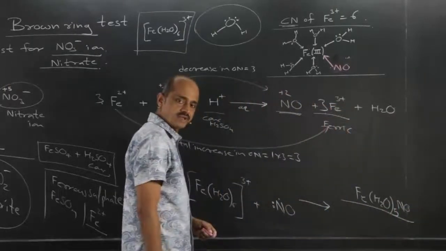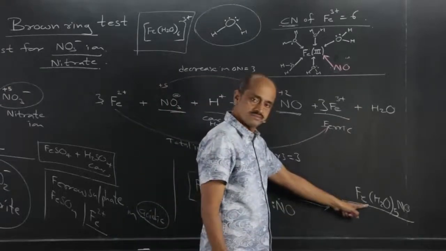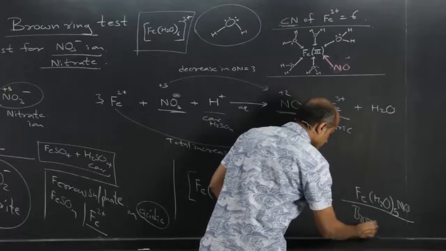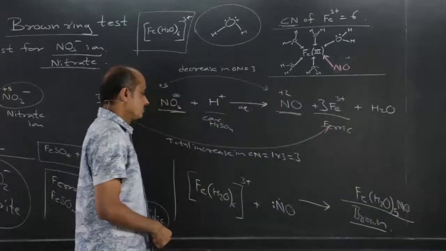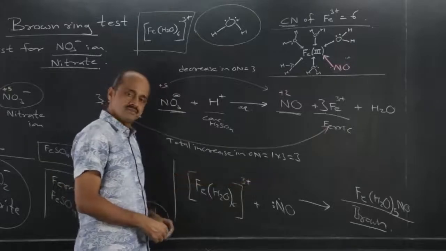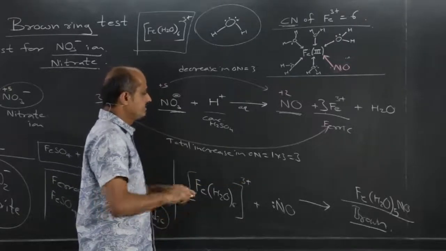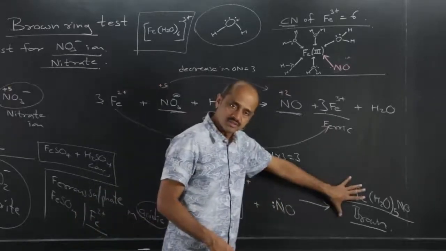This complex changes to this one. It has a brown color. If this brown color is seen during the test, it automatically means that such a complex is formed.